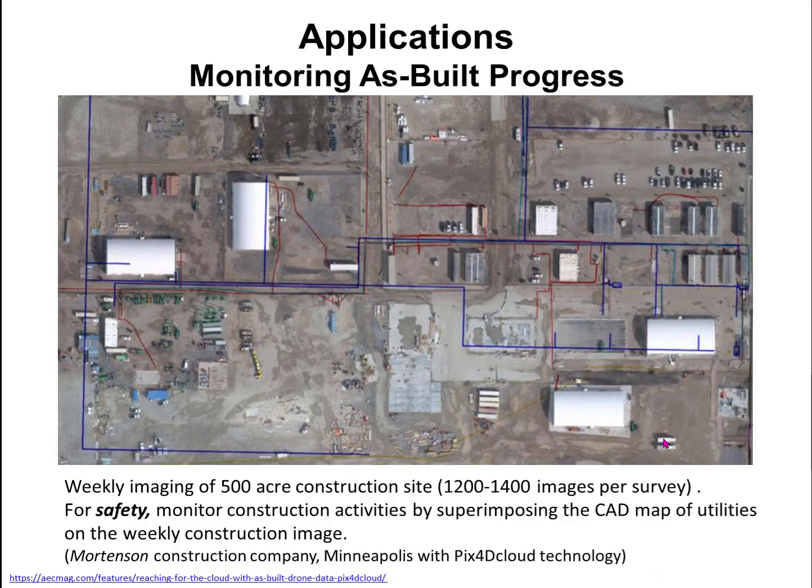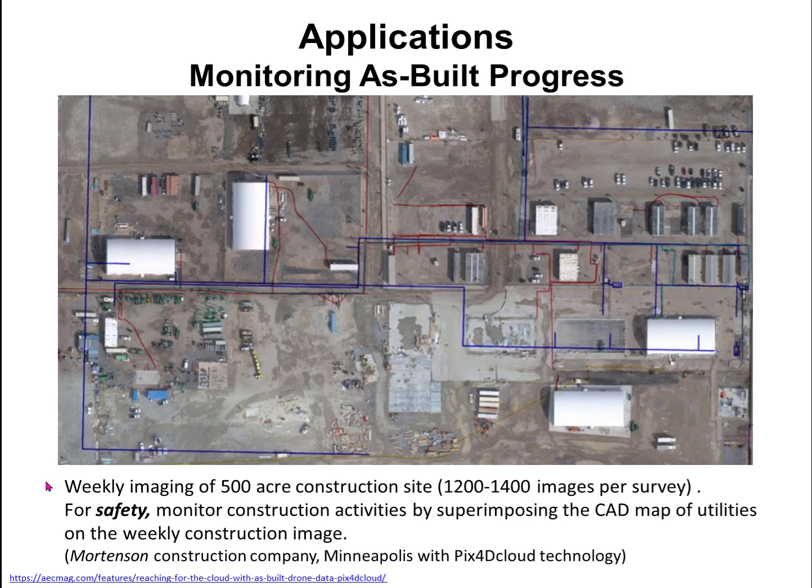Another application is monitoring as-built progress. So the red and blue lines are CAD map infrastructure, and they're very accurate. The background image is a high-resolution drone mosaic, very high resolution. So this company, Mortenson, weekly images their 500-acre construction site, 1,200 to 1,400 images per survey, and they use the Pix4D cloud technology to turn it into a weekly up-to-date image.